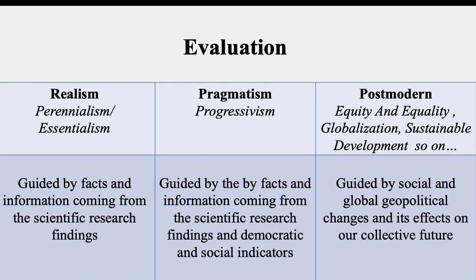They look at how people's behavior is more democratic or non-democratic. And what are the social indicators? What skills and attitudes is the curriculum in fact inculcating in the students that may be helpful for the future social value system? So the last one is the postmodern one.